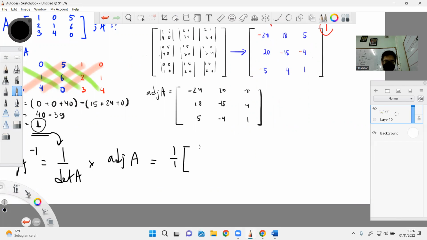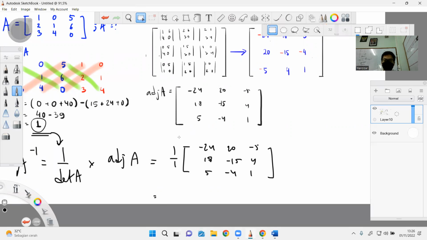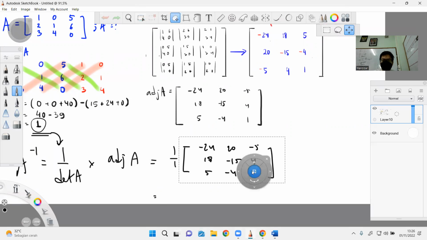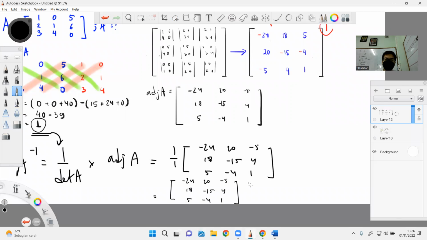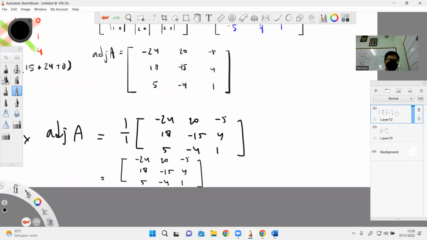You multiply by negative 24, 20, negative 5, 18, negative 15, 4, 5, negative 4, and 1. 1 over 1 is 1 itself. So, okay, we get the answer. Actually, this is the answer. Right? Done. So this will be the matrix. Okay, and then we're done.